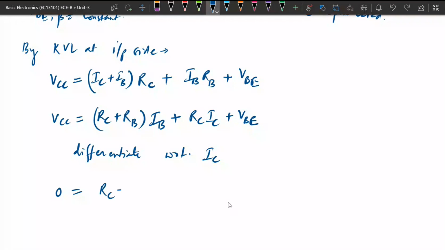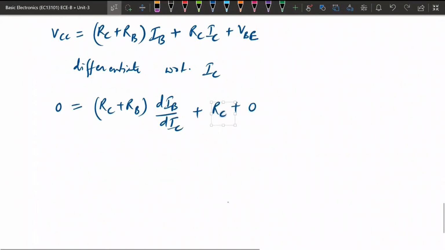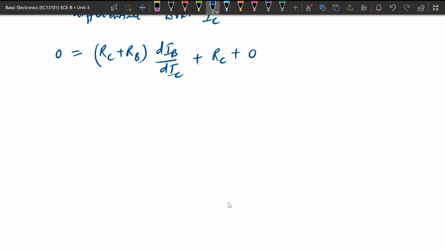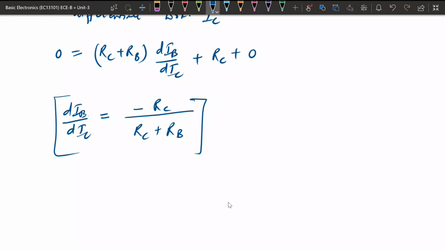Here it will be RC plus RB times del IB by del IC, plus RC, plus this is again a 0. So from there we get del IB by del IC equals minus RC divided by RC plus RB. So this is equation number 3.